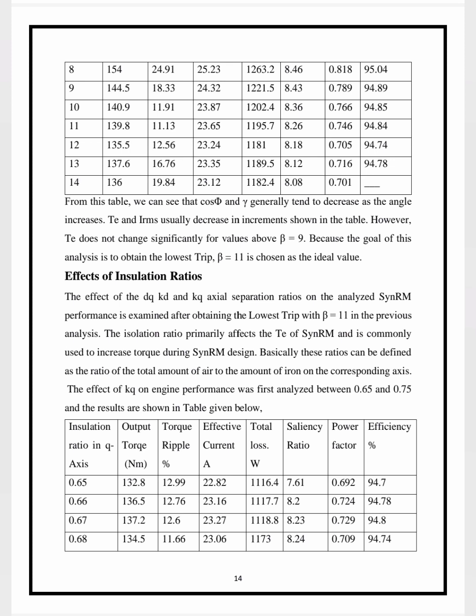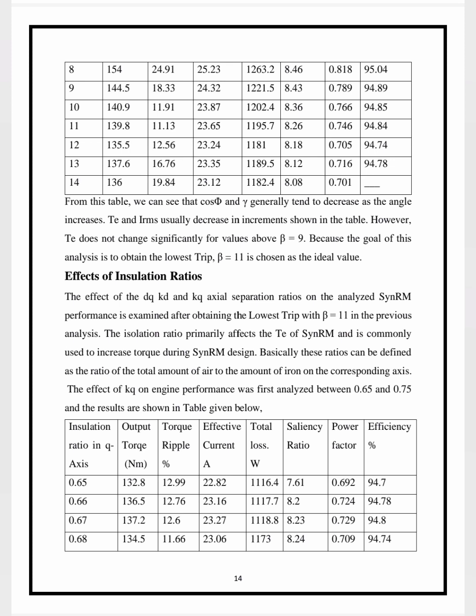That is why we are studying the effect of insulation ratios, the effect of DQ, QD, and QQ axial separation ratios on the analyzed SIN-RM performance, examined after obtaining the lowest ripple torque with the beta angle in the previous analysis. The insulation ratio primarily affects the output torque of the synchronous reluctance motor and is commonly used to increase the torque during the synchronous reluctance motor design and fabrication.